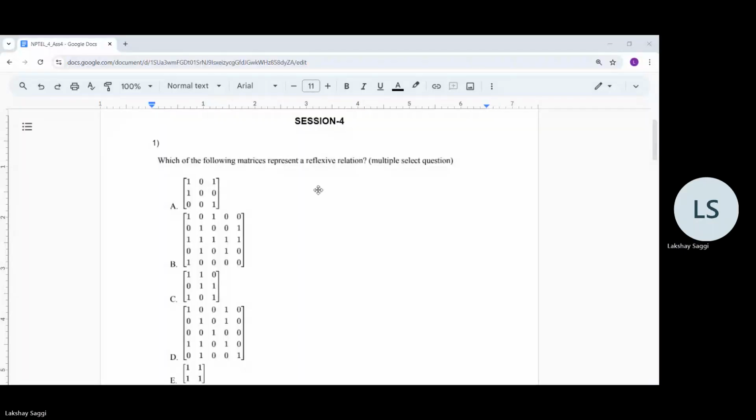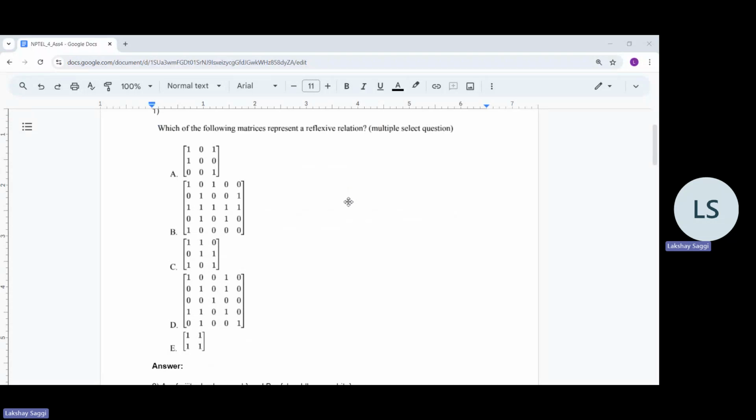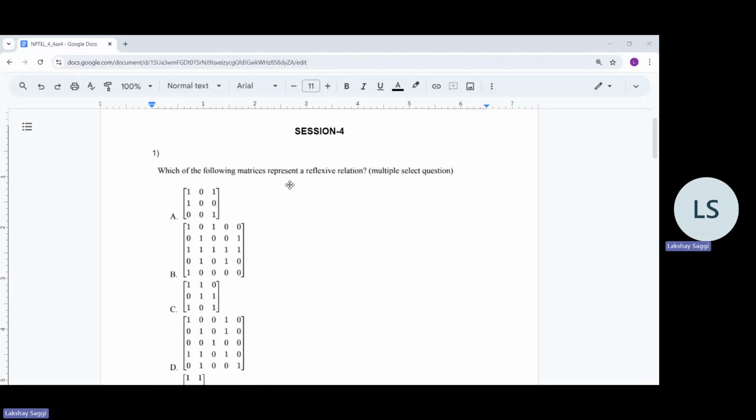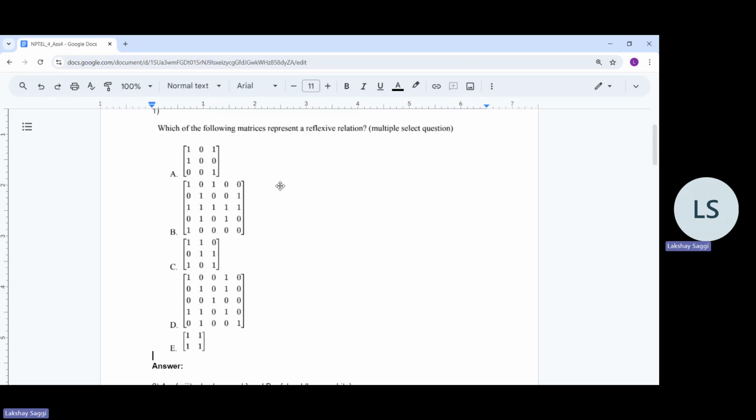Okay. So we have the first question. It says, which of the following matrices represents a reflexive relation? And it's a multiple options correct question. So what is a reflexive relation first of all? Maybe first let's just go through the question. We are given four matrices for relations, and we have to find out which of them represent a reflexive relation.